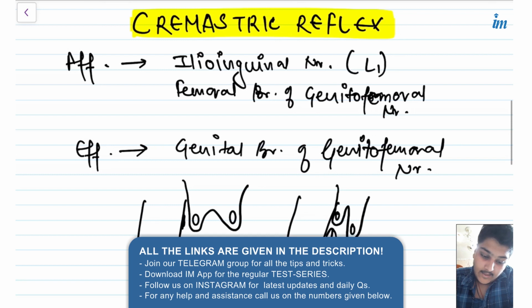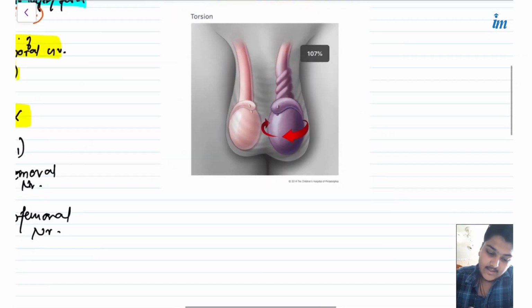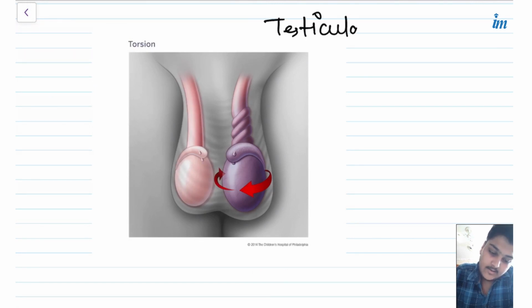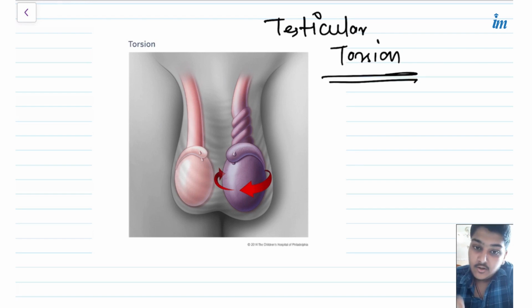The other one that I would like to share is testicular torsion. What is testicular torsion? In testicular torsion, a spermatic cord twists. You can see here that a spermatic cord is twisted, due to which in some cases your testicles may also twist. Now due to the twisting of spermatic cord, your testicular artery is blocked.